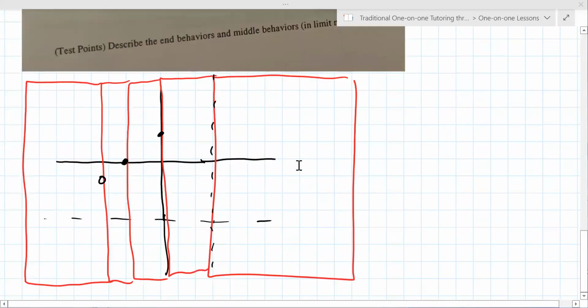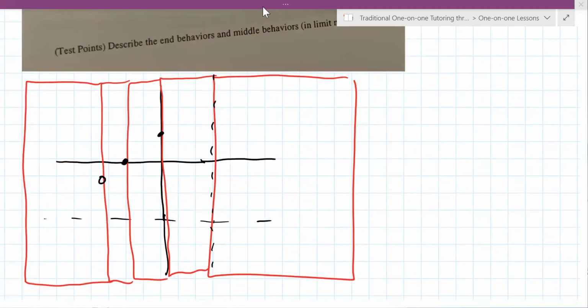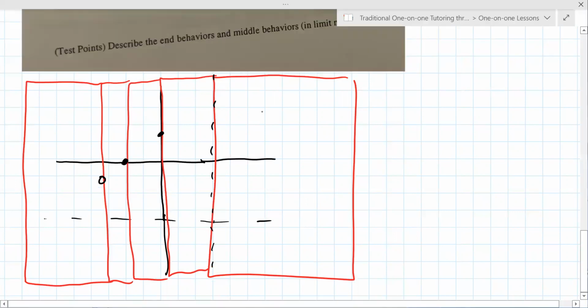But that's the idea: you're supposed to pick a point that is greater than 3, maybe like 4. And then you're supposed to test something in here like 1 and then -1. And then between 2 and -3, so -2.5 and then -4.